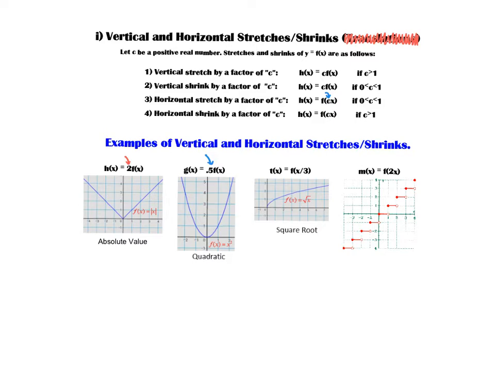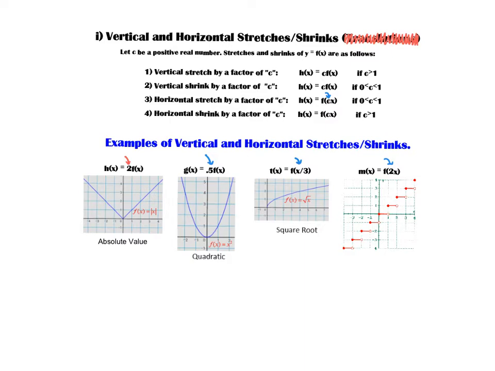So you can think of it as stretching the function horizontally, pulling it, kind of like a rubber band. And then for number 4, horizontal shrink by a factor of c, if c is greater than 1, it's going to squish that graph toward the y-axis. So we're going to do that with m of x. It looks like we're going to horizontally shrink that by a factor of 1/2. Whereas t of x, we're going to horizontally stretch that by a factor of 3.